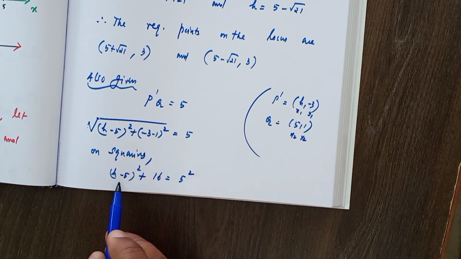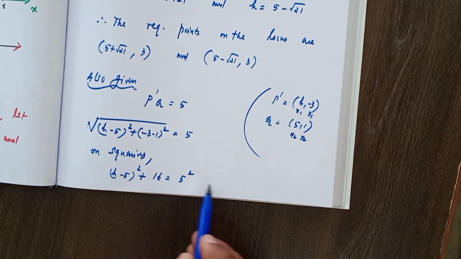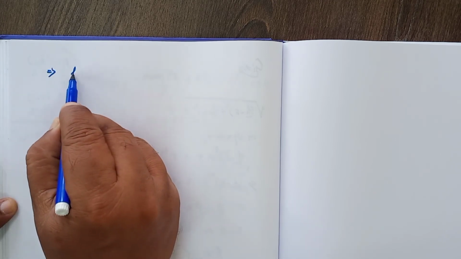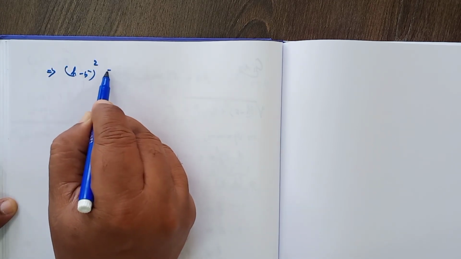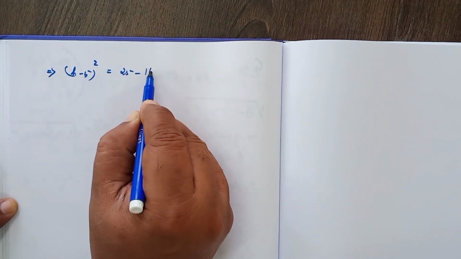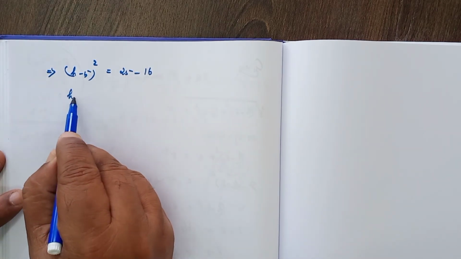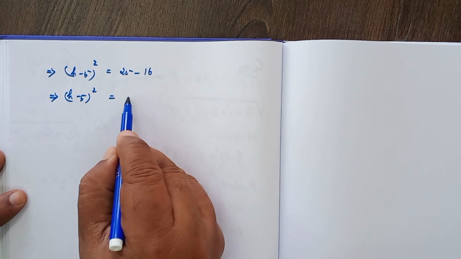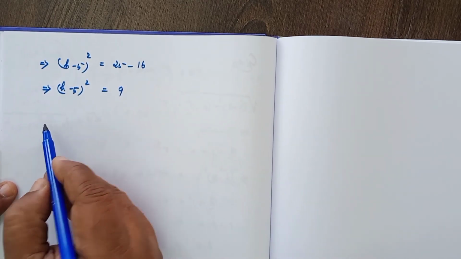So I am retaining (h minus 5) the whole square on the left hand side. This is 25, and 16 goes to the right hand side as minus 16, which implies (h minus 5) the whole square equals 25 minus 16, that is equal to 9.